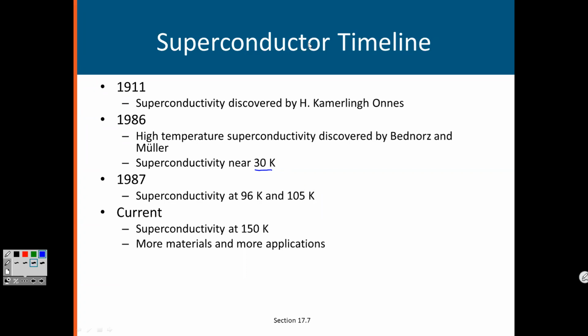In 1987, the next year, they got even higher critical temperatures. Then currently, they say a practical 150 Kelvin, not centigrade, okay? Still it is minus, but it is above, or around, liquid nitrogen temperature. But actually, last year they discovered the first room temperature superconductor.